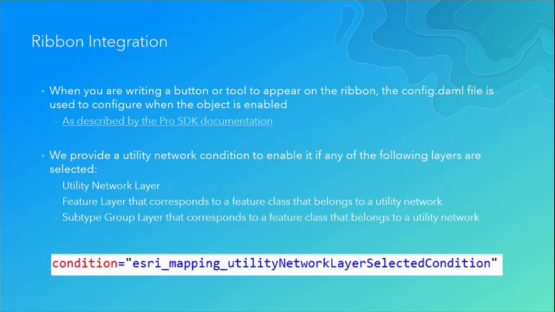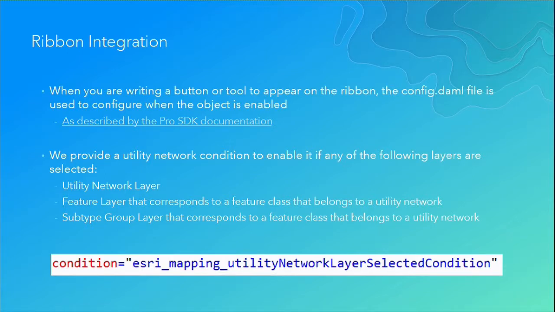Ribbon integration. So how many people here have written a custom add-in for Pro already? All right, so good, quite a few. You know that there is a config.daml file that's used to configure when your add-in is enabled, when your button is enabled. So we have a condition called esri_mapping_utilityNetworkLayerSelectedCondition.